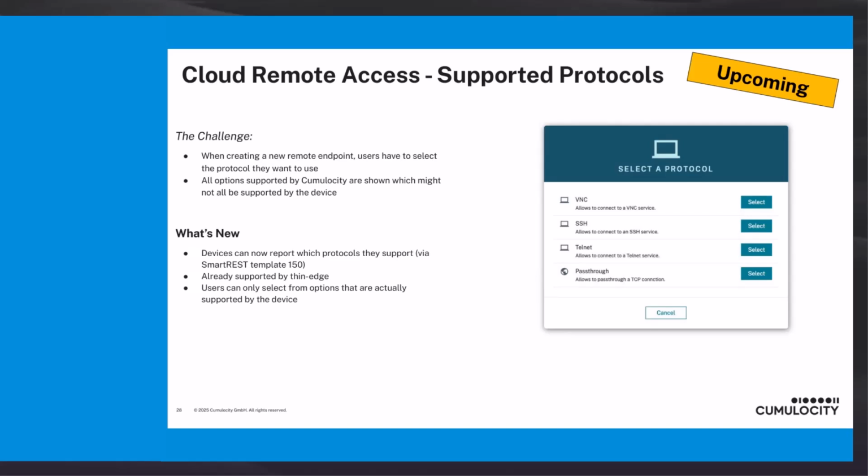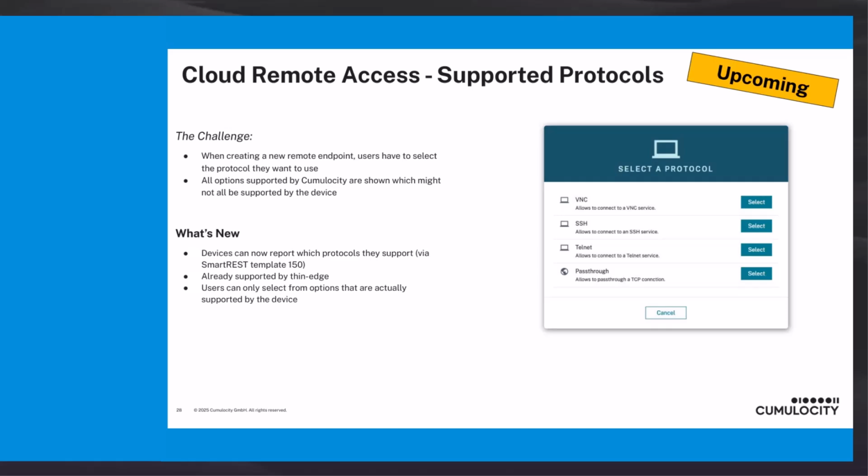In the context of Cloud Remote Access, we have some additional functionality we will introduce, which is the option to report supported protocols. As of today, as you can see here in the model on the right side, we list basically all protocols that are supported from the cloud side. However, if you want to set up an endpoint, you may run into an error if the protocol isn't actually supported by the device.